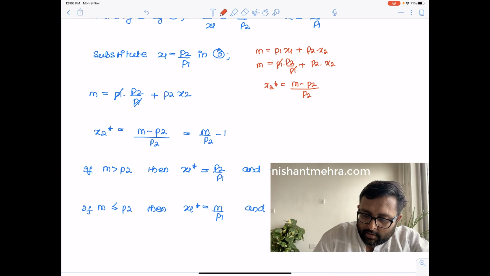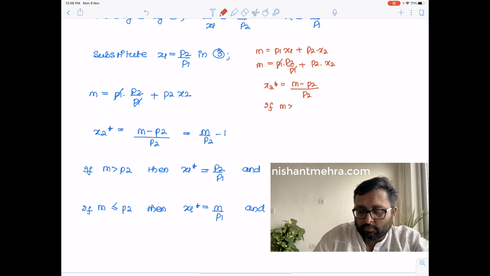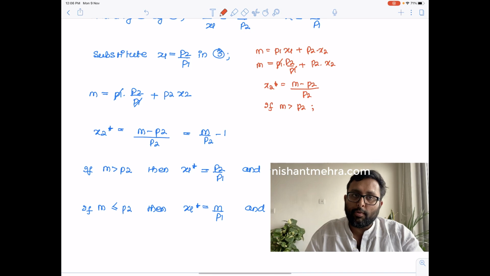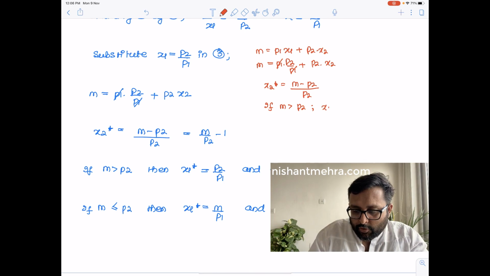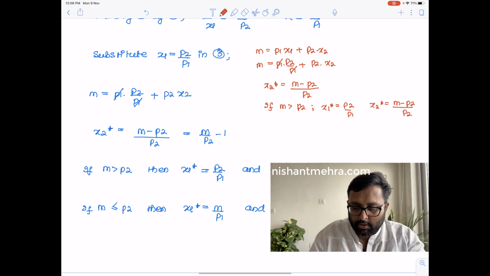Well, if m is strictly greater than p2, then only this x2 star is going to be strictly positive. Then x1 star would be p2 by p1, and x2 star would be m minus p2 by p2. These are the solutions which you have just got.